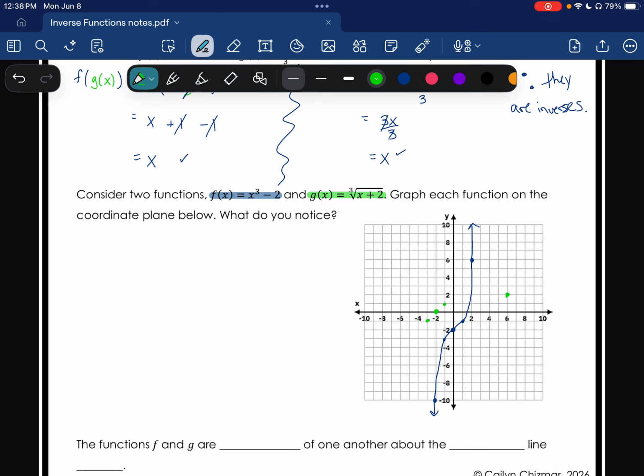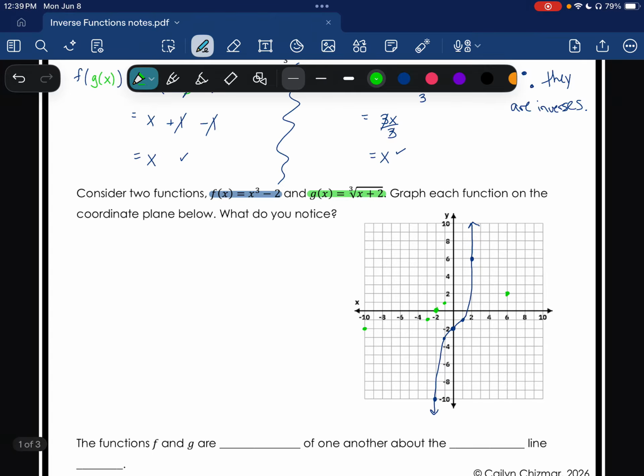But what I want you to see is if I were to draw in a dotted line here at y equals x, just the parent linear function, maybe you can see it better if you turn your paper or your iPad or whatever you're writing on to look straight down that line. I can see that these are mirror images of one another.